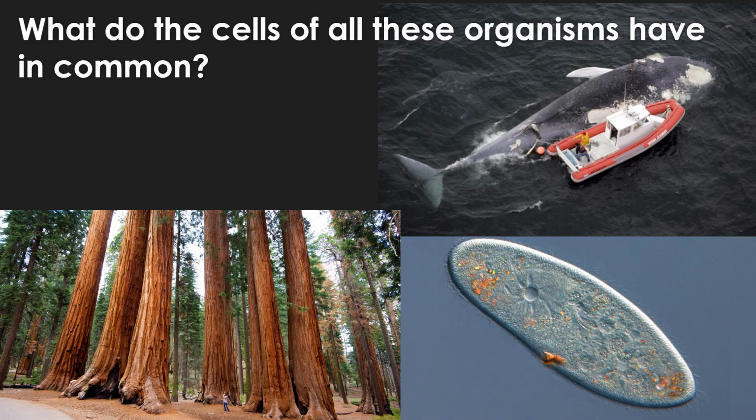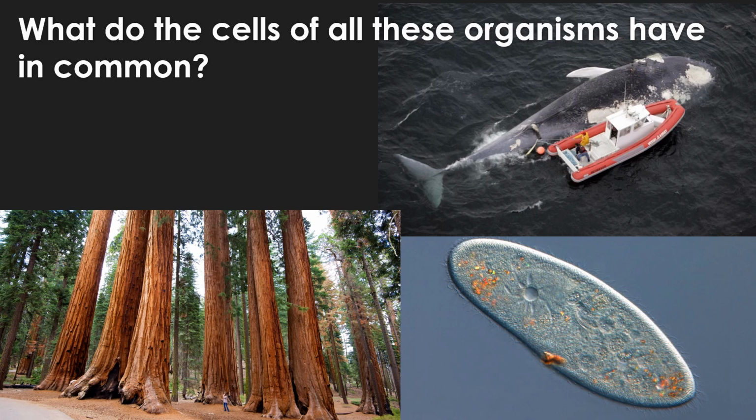So here we have giant sequoia trees or redwoods. Here we have the largest organism to ever live, bigger than any dinosaur. That's the blue whale. You can see in relation to this boat how enormous this whale is. And then here we have this little paramecium. Okay, and this paramecium is microscopic and it's made of one cell.